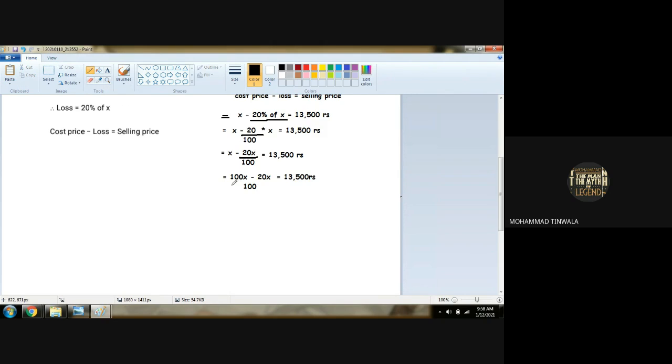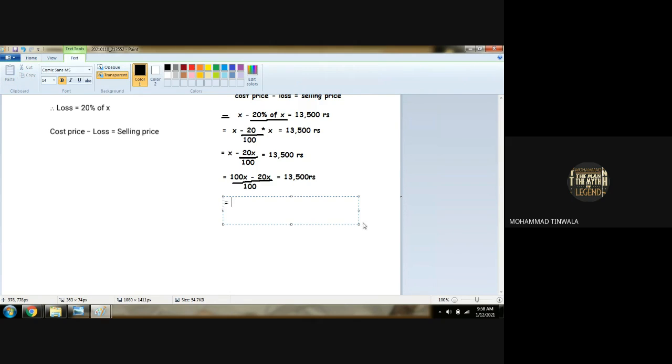Any doubt with this step? In the same case, 100 minus 20 is 80x upon 100 is equal to 13,500 rupees as it is.